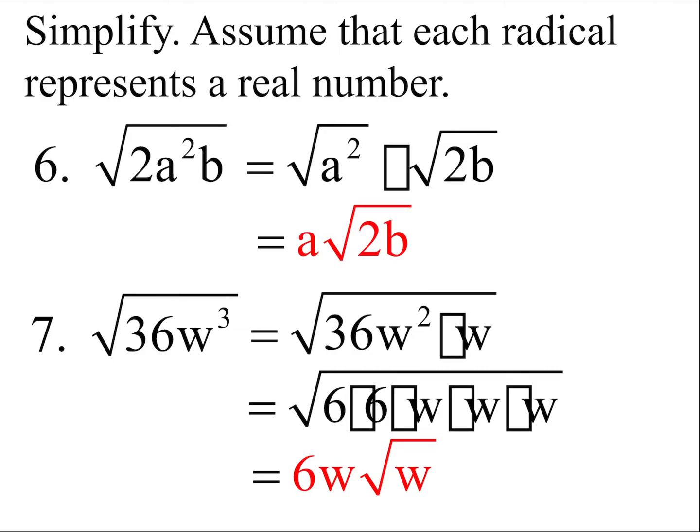Now, the issue with this one, okay, and I don't think it'll let me write on here, is what's the error with solution number 6? Does anyone see it? What happens if a is a negative value?